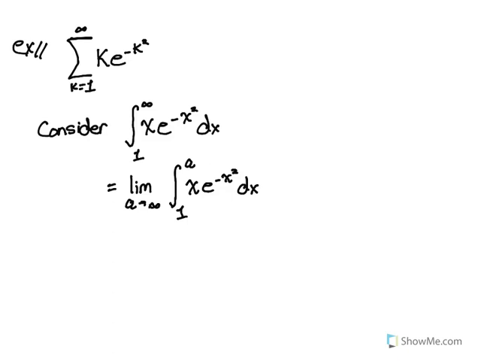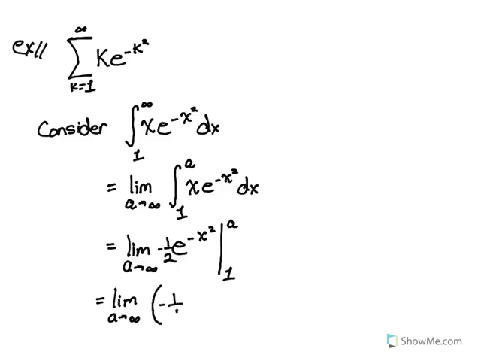Hopefully at this point you know how to solve this integral. It's equal to the limit as a goes to infinity of e to the minus x squared times minus 1/2, evaluated from 1 to a, which is equal to the limit as a goes to infinity of minus 1/2 e to the minus a squared plus 1/2 e.